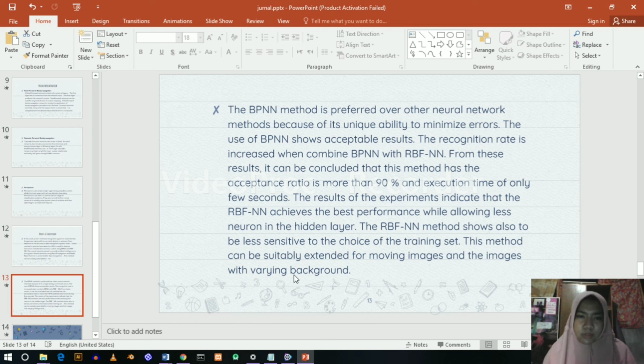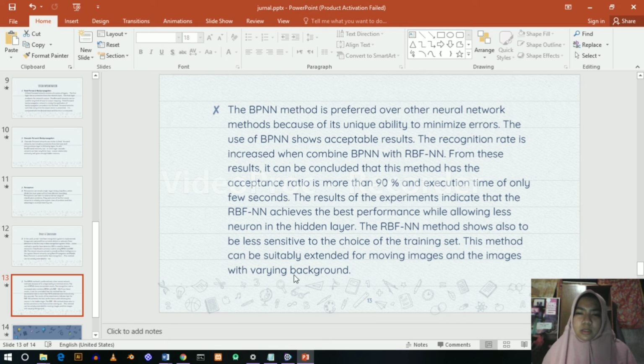From this result, it can be concluded that this method has an acceptance ratio of more than 90% and an execution time of about a few seconds. The result of the experiment indicates the RBFNN achieved the best performance while allowing fewer neurons in the hidden layer.